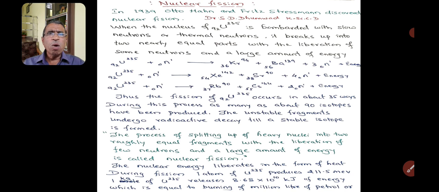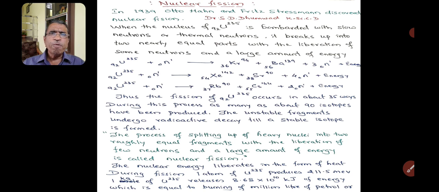Thus, the fission of uranium-235 occurs in about 35 ways. During this process, as many as about 90 isotopes have been produced. The unstable fragments undergo radioactive decay till a stable isotope is formed.